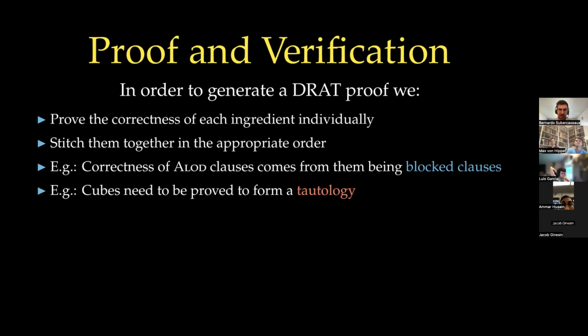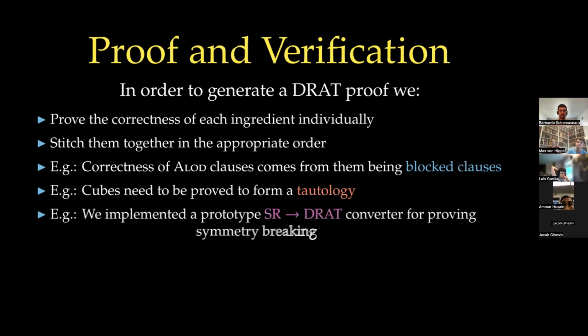We need to prove that our splitting cases is a tautology, right? And proving that something is a tautology, it's also a co-NP hard problem. So we use obviously a SAT solver to do that. And we implemented a prototype to prove the correctness of our symmetry breaking in the DRAD proof format.